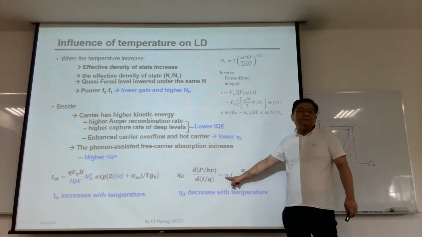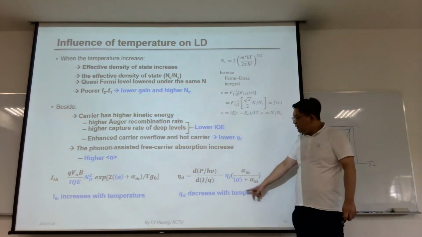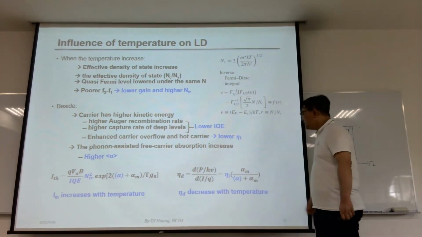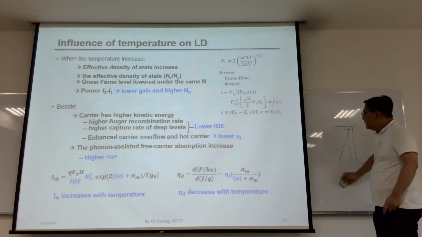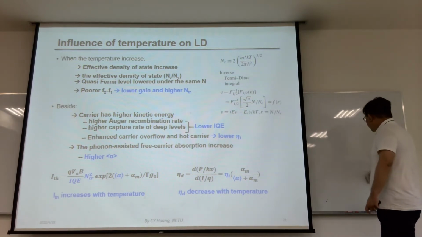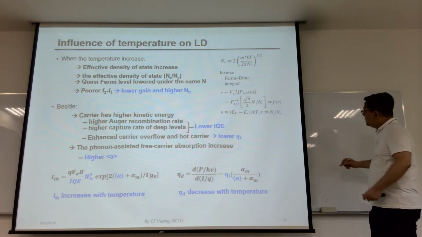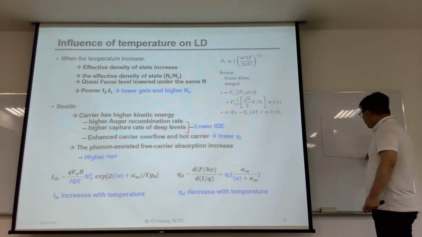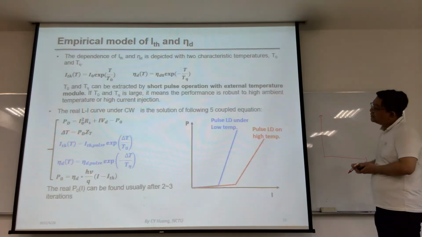Zeta I becomes smaller. Alpha increases, so it will make your lasing have a smaller slope. Okay, so let's consider the IV curve, probably already on the next page.